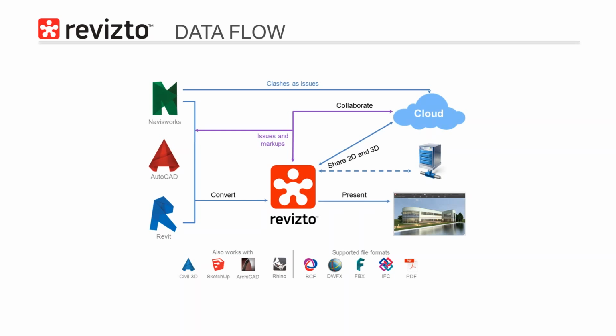And we also support the BIM collaboration format, DWFX, FBX, which in a future webinar, I'd like to touch on why this file type is important, as well as IFC and PDF. And these can be brought in as individual files themselves with no direct link to an authoring tool.